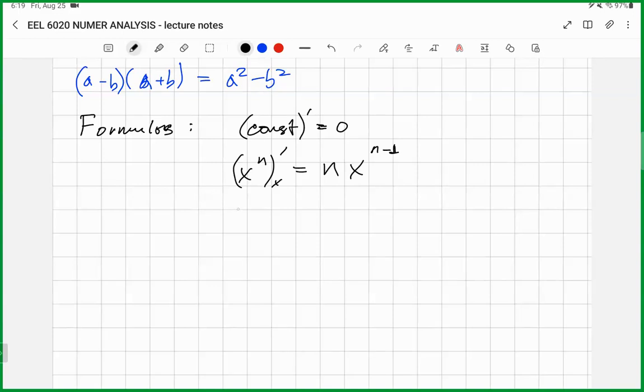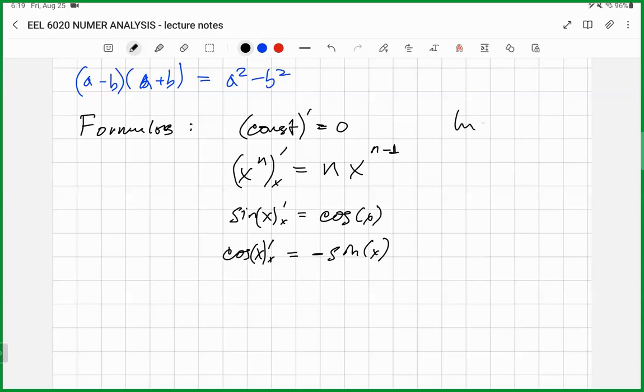Another important one is the derivative of sine x by x, which is equal to cosine x. Same way, the derivative of cosine x by x is equal to minus sine x.